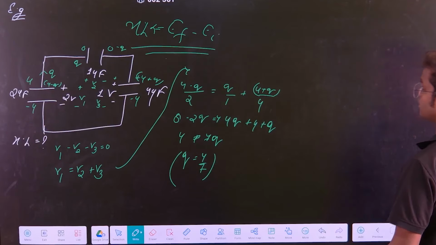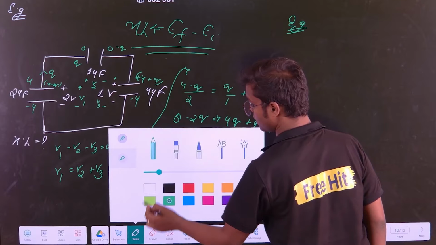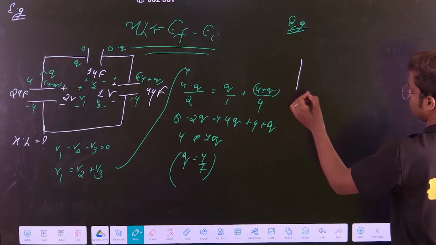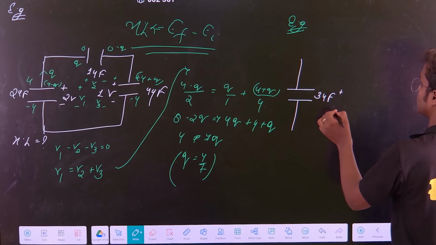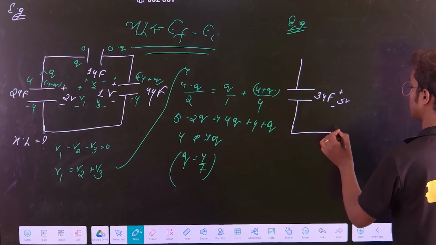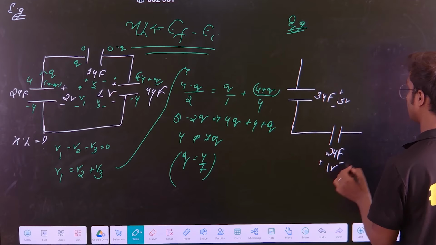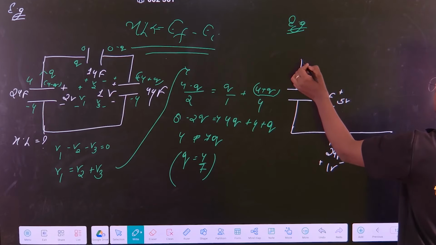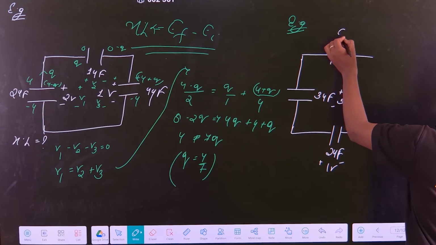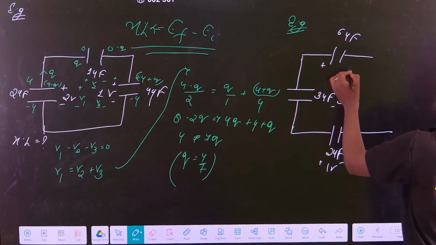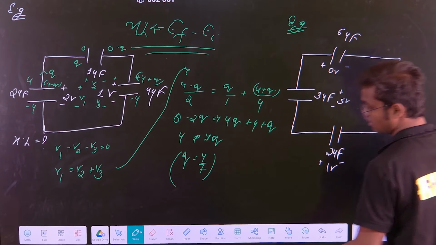Let me give you one homework on this also. You can take this one. Suppose I connect one capacitor of 3 microfarad and the potential is 5 volt, and another capacitor of 2 microfarad and the potential is 1 volt, and another capacitor of 6 microfarad and the potential is 0 volt, and let it be like this.